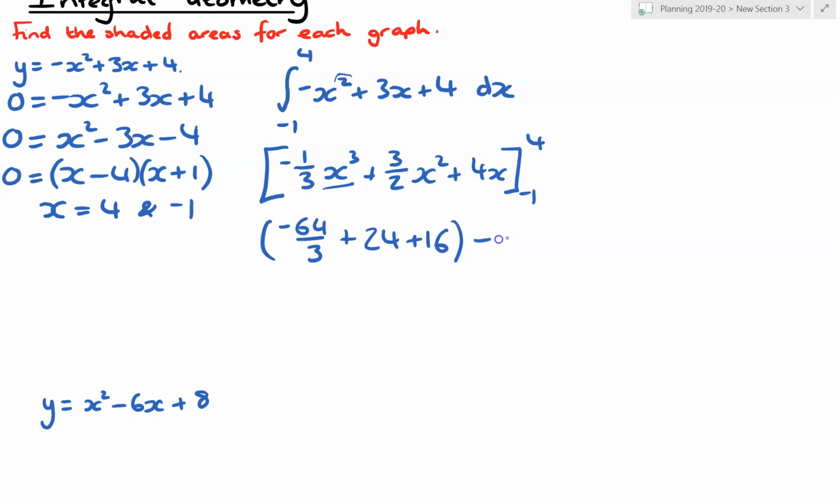And if you sub the -1 in, we're going to get a -1 there, so times by that gives me +1/3. -1 squared is a +1, so that's a plus 3/2 and a -4. Now you can shove it all into your calculator if you wish. You end up with 13.5 to 3 significant figures.